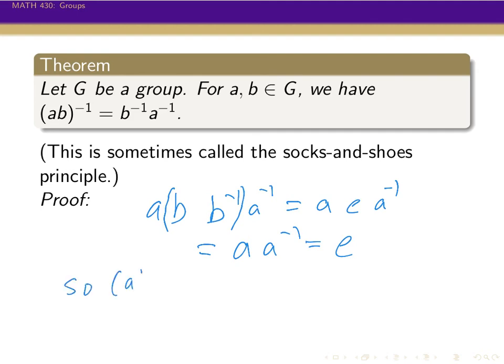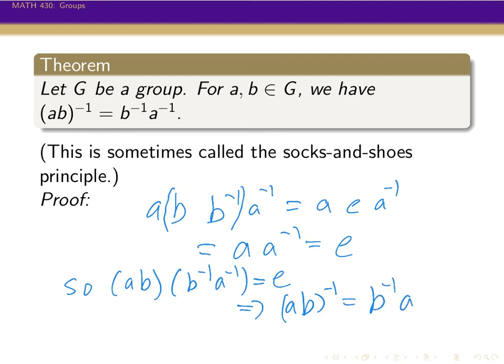So this tells me that AB times B inverse A inverse is the identity. And then since we saw that if we have a right inverse, then it's also the left inverse, the inverse for AB has to be B inverse A inverse, because it canceled it off on one side.